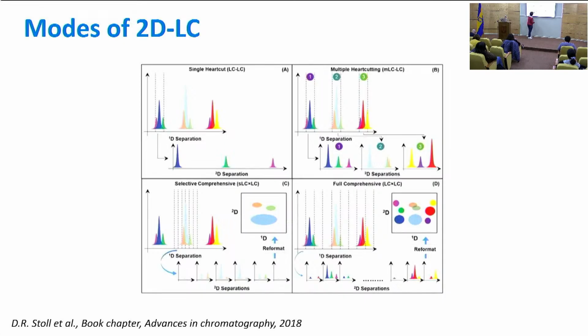You have the first dimension, you take this peak, and you can find other peaks here, as well here. So you can combine different possibilities. You have this first group, which is not well separated. You go to the second dimension, and you obtain a better resolution between the three peaks. That could be the first purpose for 2D separation.